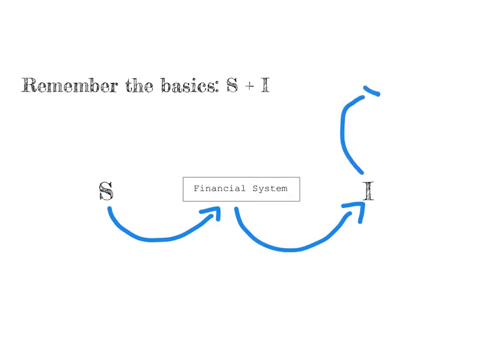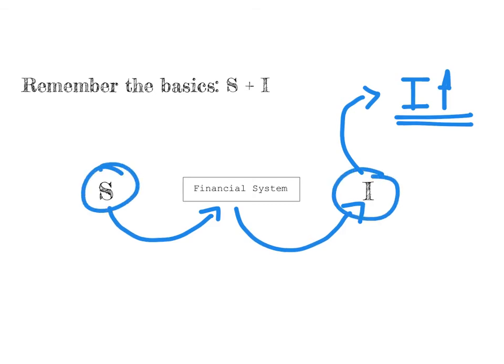So this is the I in our GDP equation, and it's also very important for long-term economic growth for the economy as a whole. Without having savings, we don't have investment, and without investment, we don't have long-term economic growth, which will then lead to a higher standard of living.